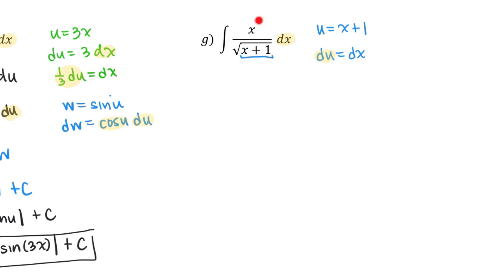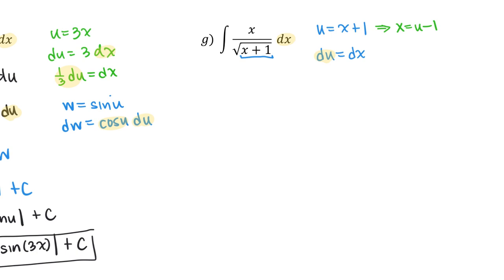So far I have 1 over the square root of u, but what am I going to do about this x situation? Now I know that u equals x plus 1, so I could solve for x here. x equals u minus 1. Would that help me?